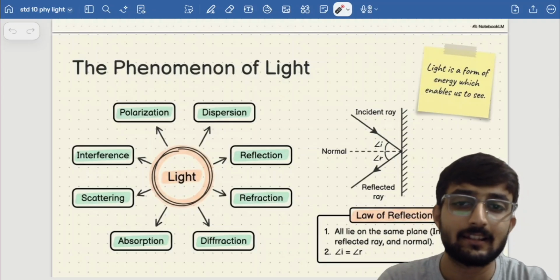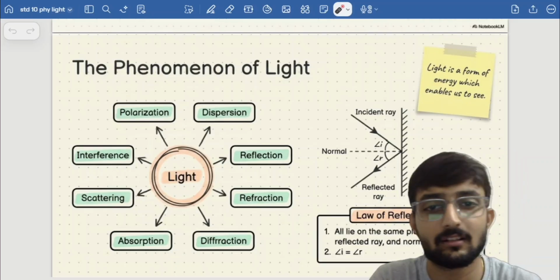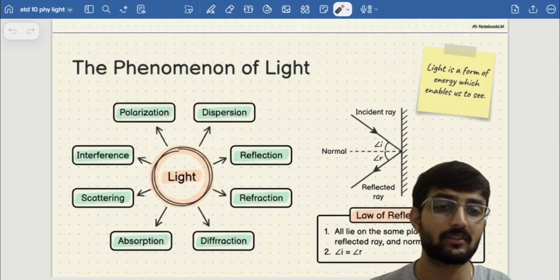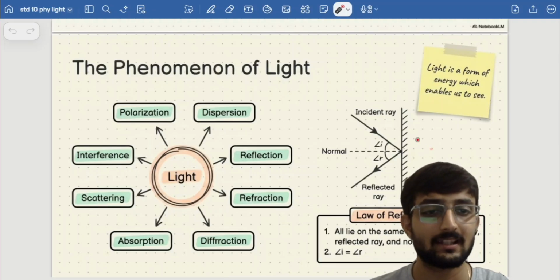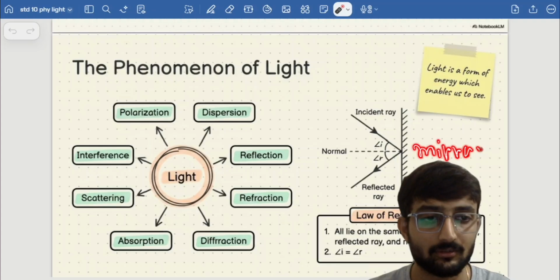When light hits a polished surface, it bounces back, but it doesn't bounce randomly. It follows the strict discipline of the laws of reflection. As you can see on this screen, here is the polished surface. We can say that here is a mirror.